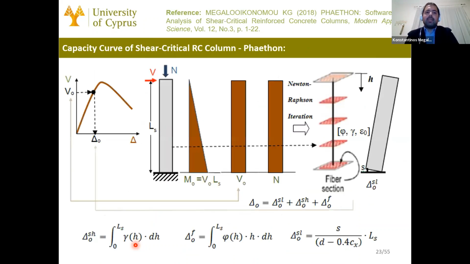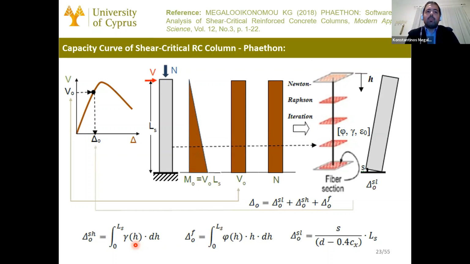So this is the solution for the capacity curve for shear critical reinforced columns incorporated in this standalone software that we would like also to implement in OpenSees. It's a load control process until shear failure, until the maximum load, and then one more point defines the axial failure of the shear critical column.